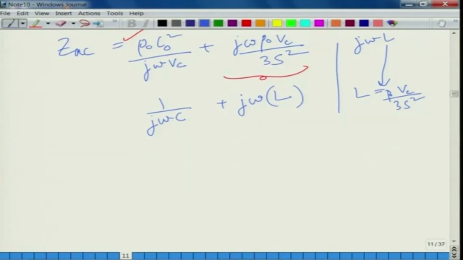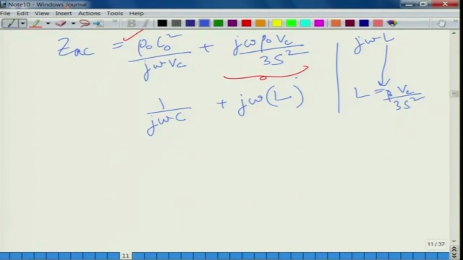What it basically means is that the correction term is a positive reactance that is associated with 1/3 of the mass of the fluid in the cavity. This is not quite an unexpected result, not very surprising, because it is like a spring, and if you have a bob or a mass on a spring, and the mass of the bob is say m, and the spring also has a certain mass ms.